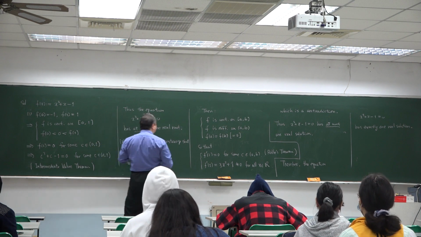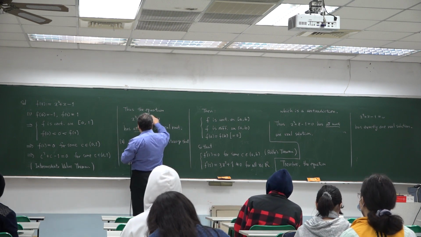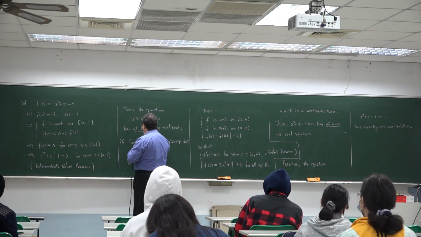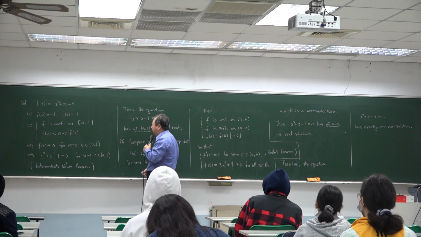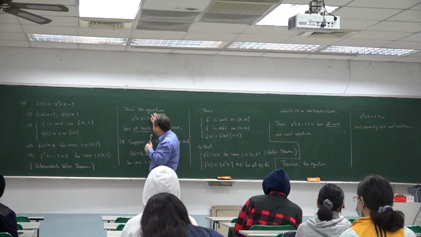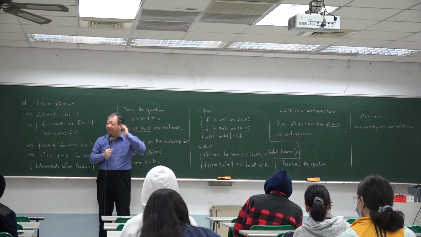Because we want to show this equation has exactly one solution, the corresponding function will be this polynomial function. This is the reason why we consider this function.